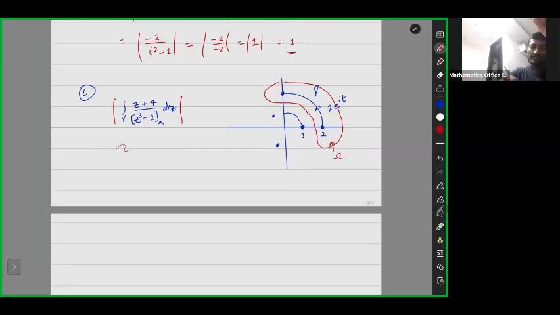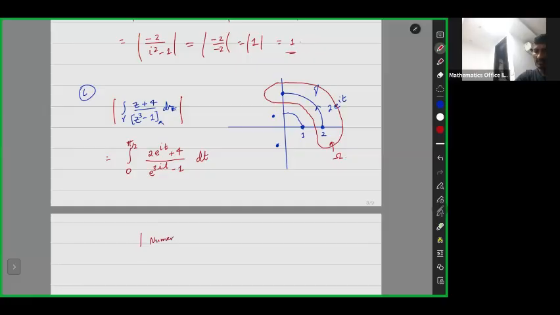Using change of variable, we get the integral from 0 to pi by 2 of 2 e power i t plus 4 divided by e power 3 i t minus 1, dt. Now, when you take the modulus of the numerator, it is bounded by 6, using the triangle inequality.